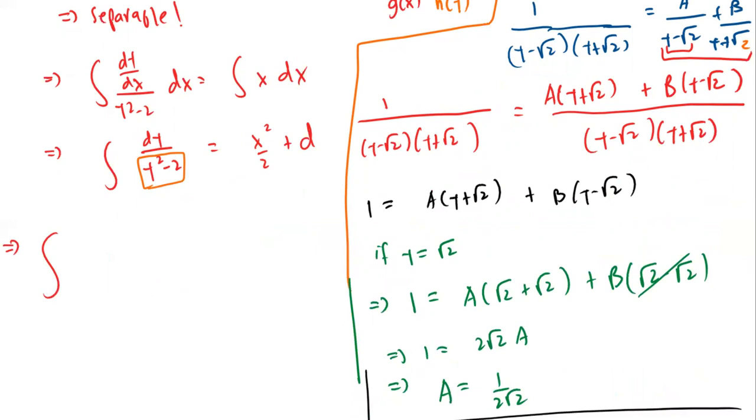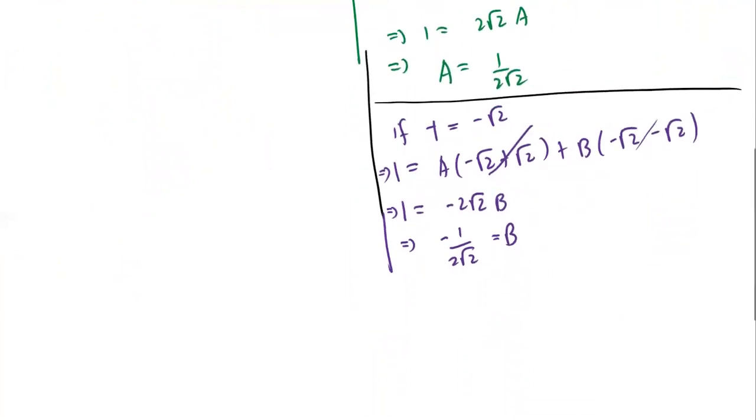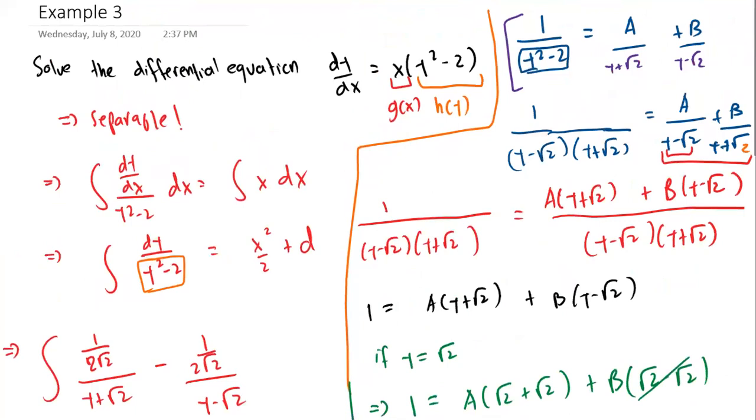We saw that's the same as 1 over 2 square root of 2, that was our A, divided by y plus square root of 2, minus 1 over 2 square root of 2 times y minus square root of 2. That just comes from A equals 1 over 2 root 2, B equals negative 1 over 2 root 2, and then plugging them into this equation here.